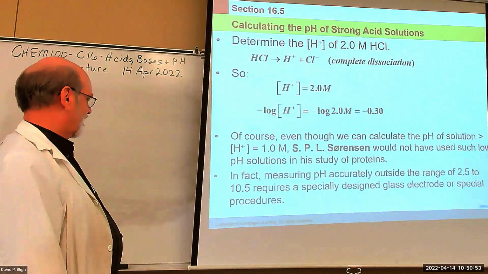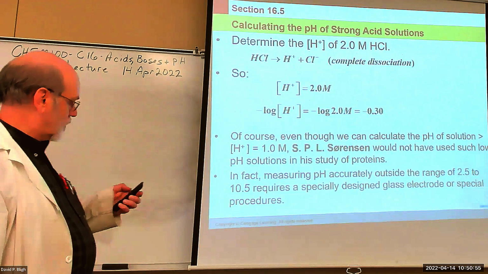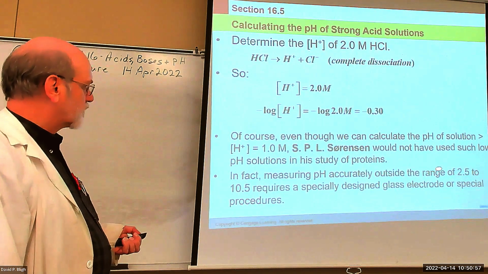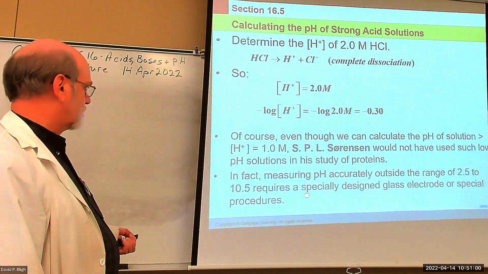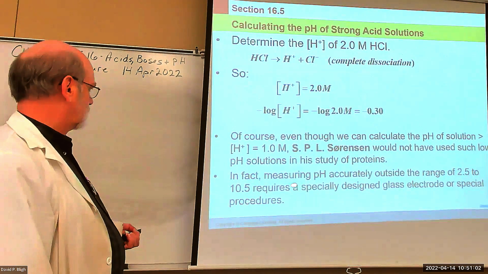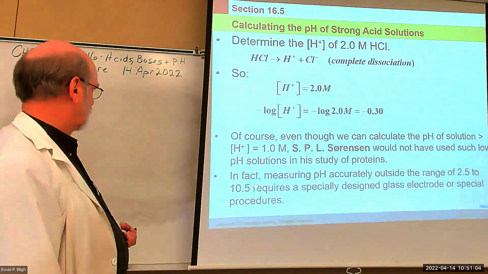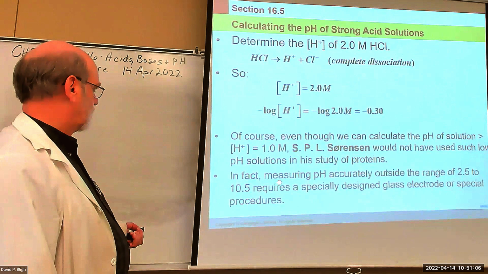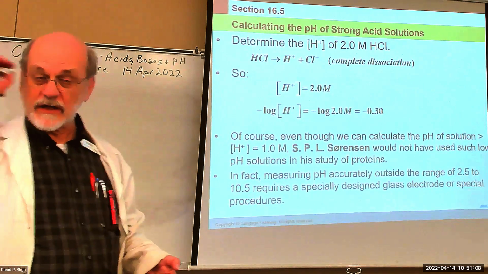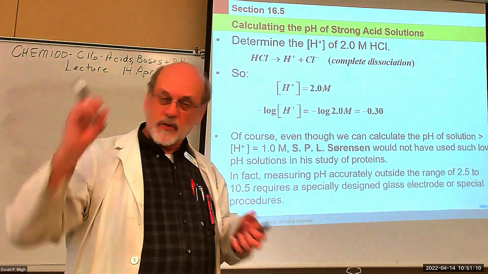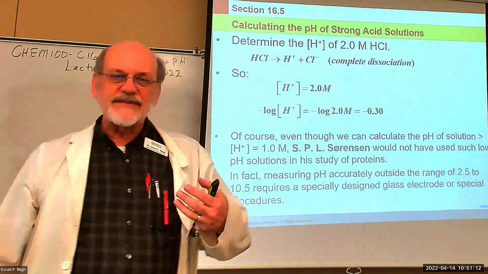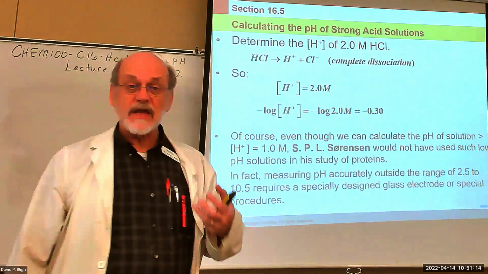All right, so here it is. I mentioned earlier, between 2.5 and 10.5 is the typical range. And in fact, we have electronic devices that will measure pH directly.